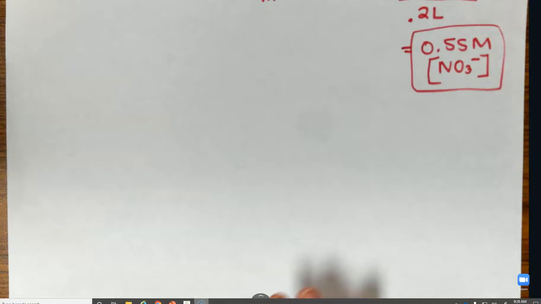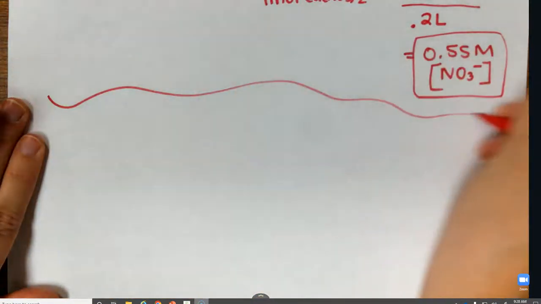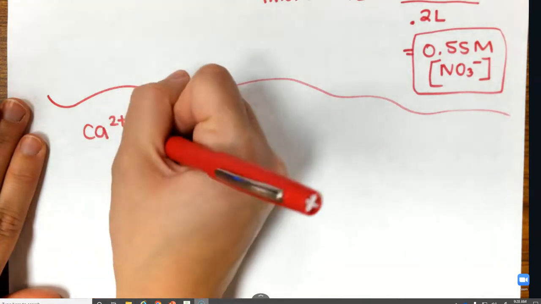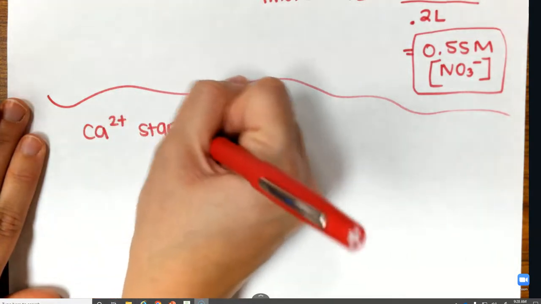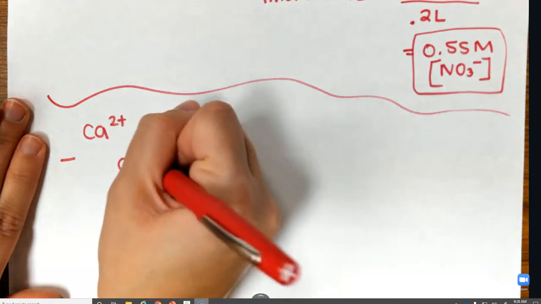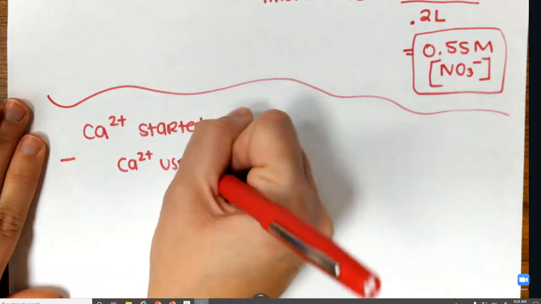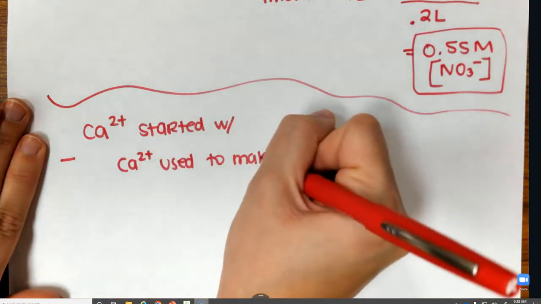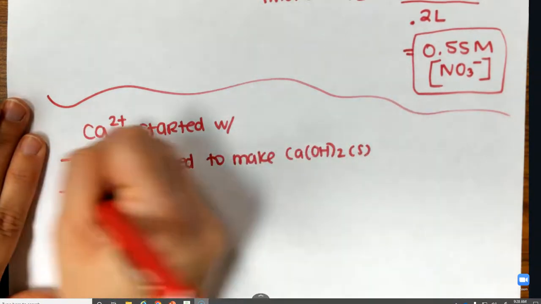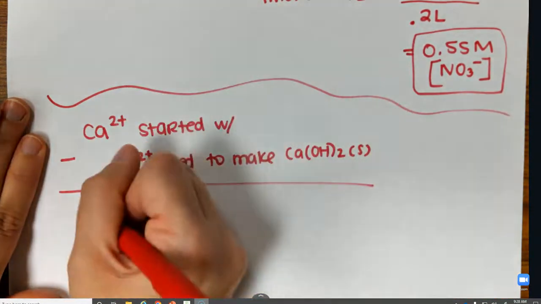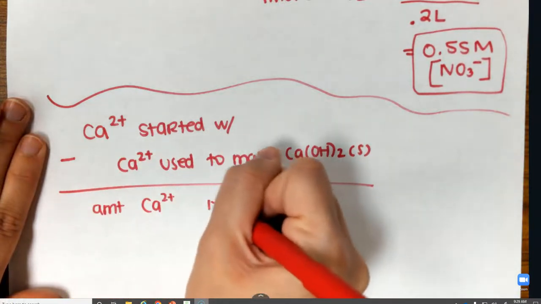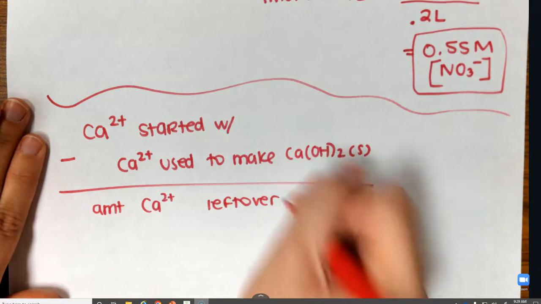And so how we solve for this is we need to figure out how many calcium ions we started with, and then we're going to subtract the amount of calcium ions used to make the solid, or to make the calcium hydroxide. And whatever the difference is between those is the amount of calcium that's left over, or that's still in solution.